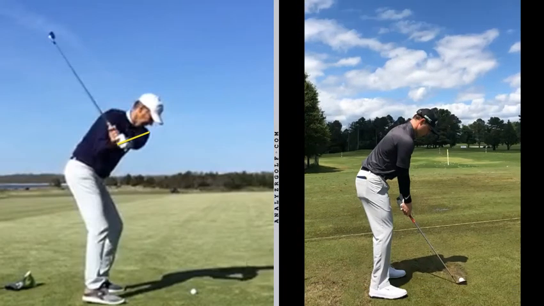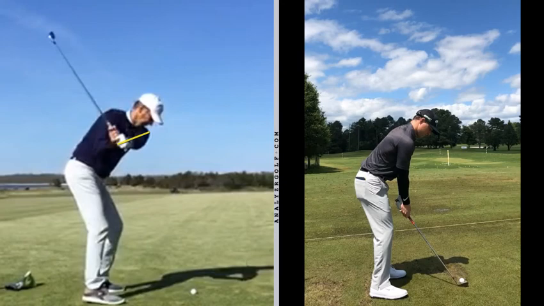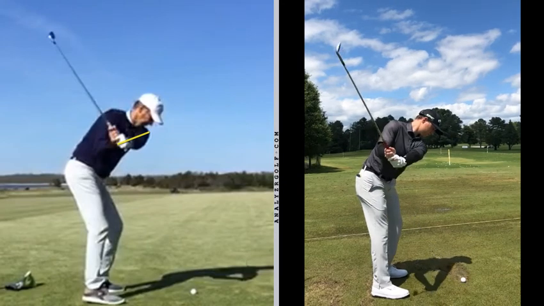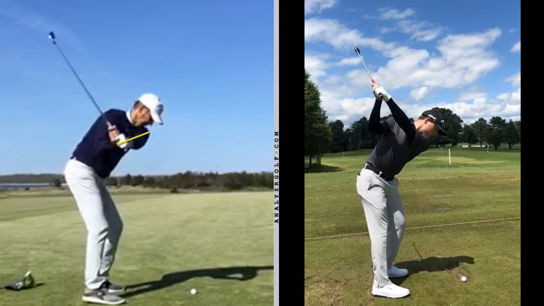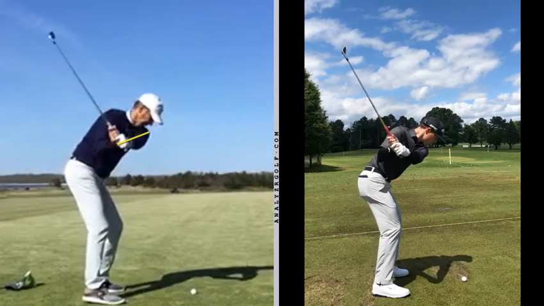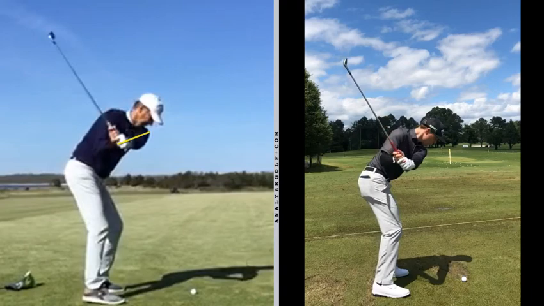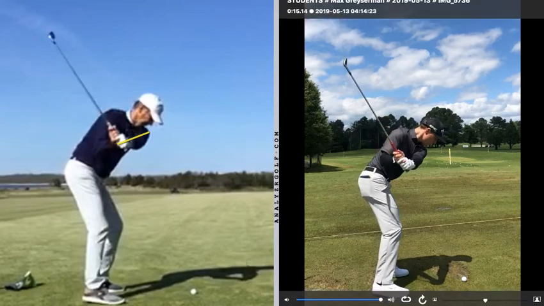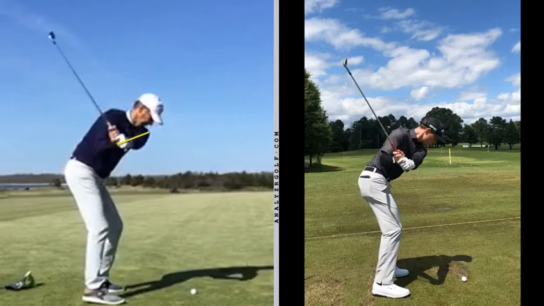So you'll notice a lot of rotation, a lot of inclination, very, very deep hand path at the top. When he starts down, his left arm is still significantly to the inside. It's still inside his toe line.